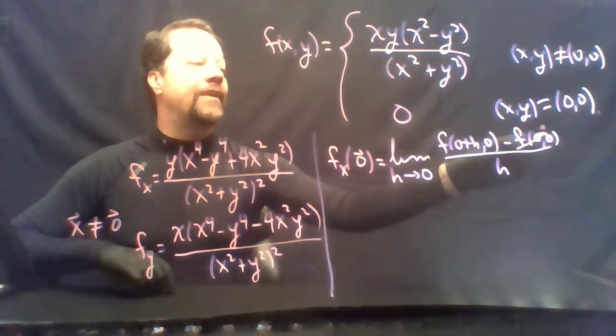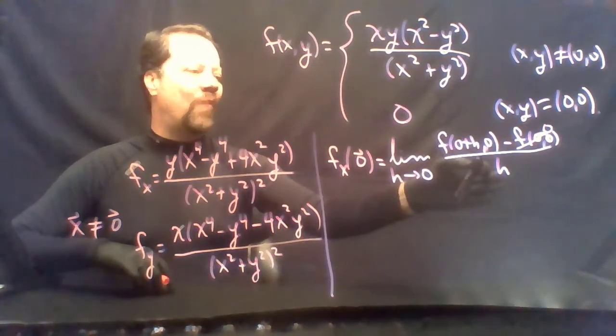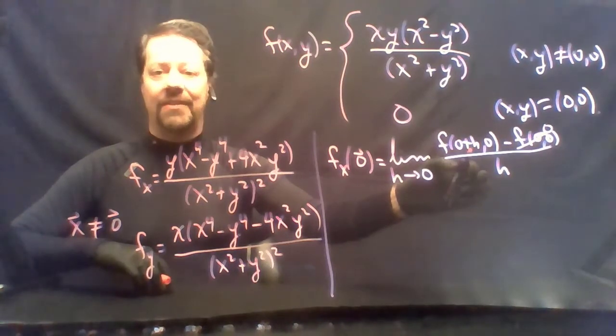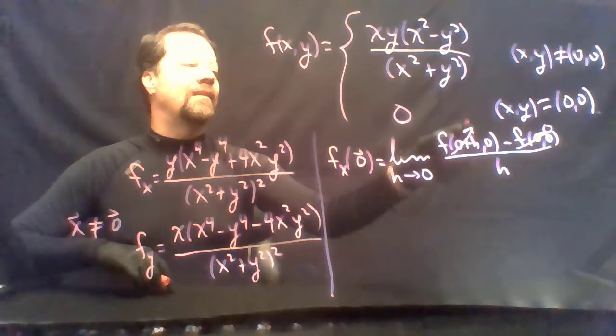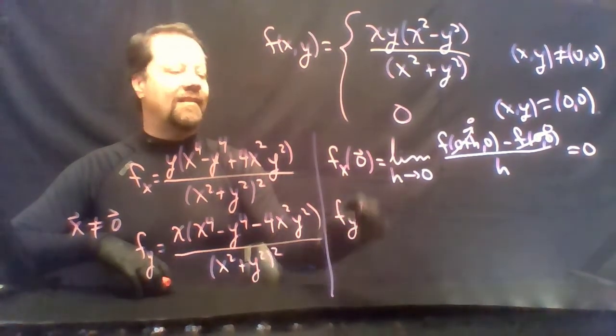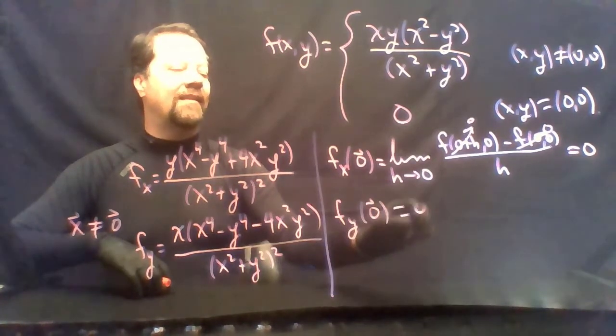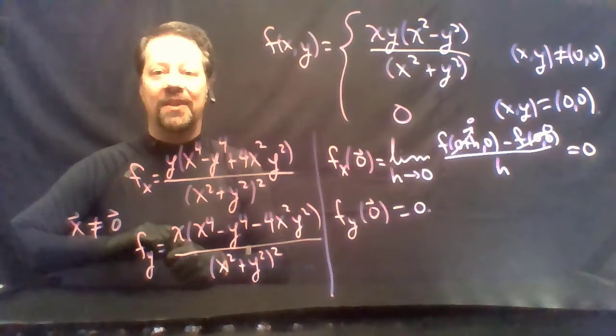The function value at the origin is 0. The question is, what happens when y is 0 and x is equal to h, not equal to 0? Well, either way, you're going to get 0. Similarly, the partial derivative of f with respect to y at the origin is also 0.